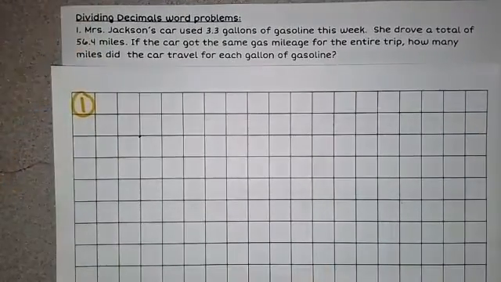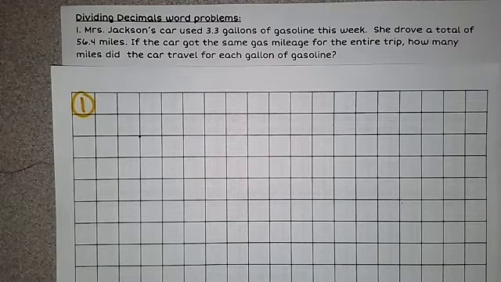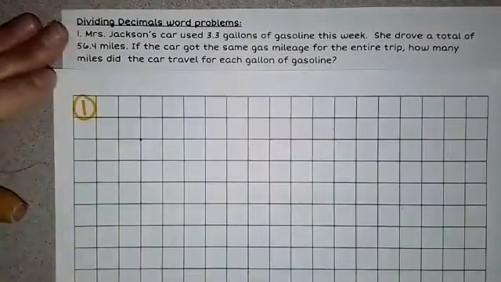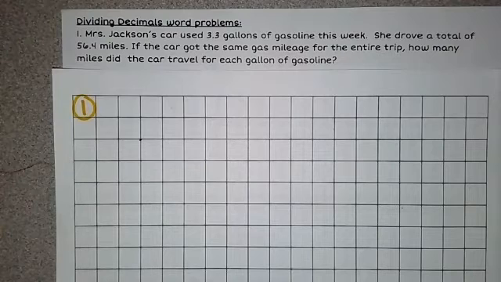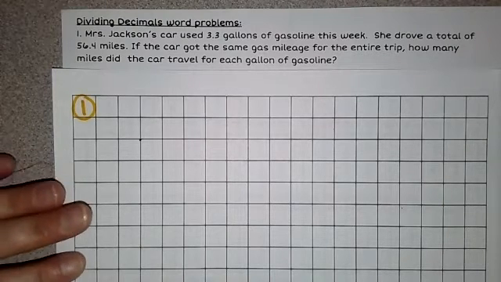Here we go. Miss Jackson's car used 3.3 gallons of gasoline this week. She drove a total of 56.4 miles, 56 4/10 miles. If the car got the same gas mileage for the entire trip, how many miles did the car travel for each gallon of gasoline? So this is dividing.